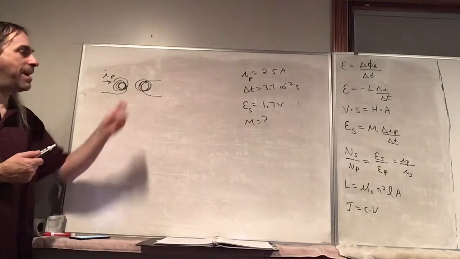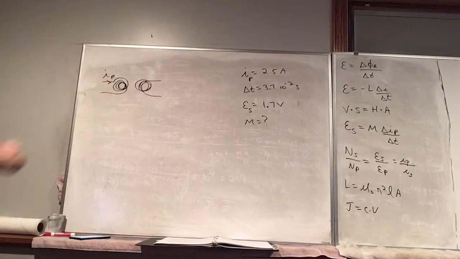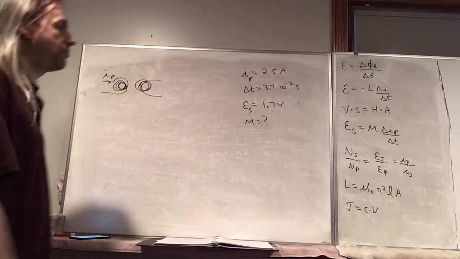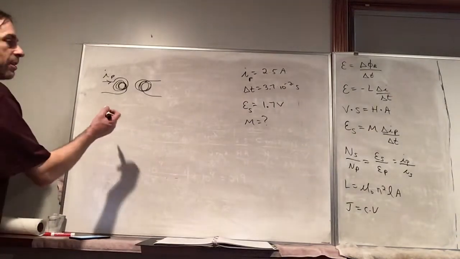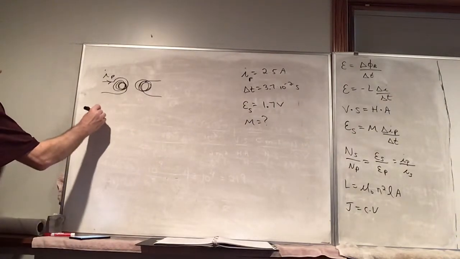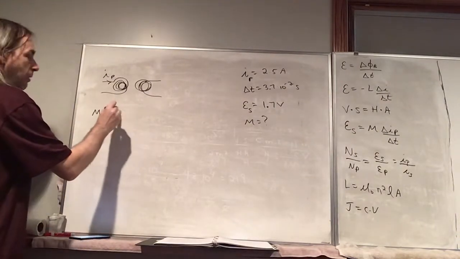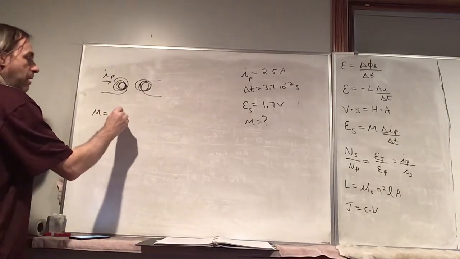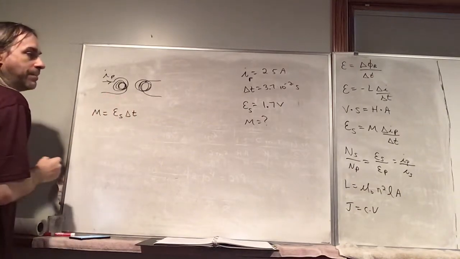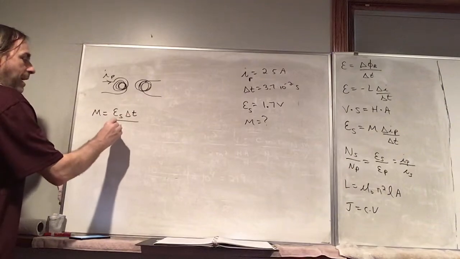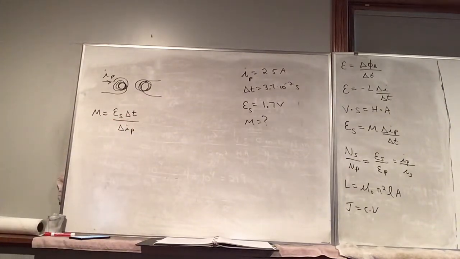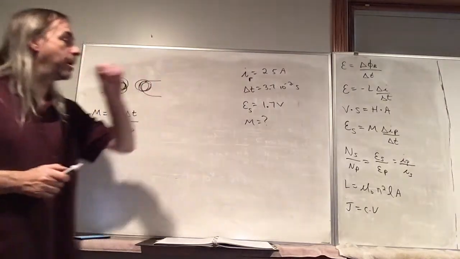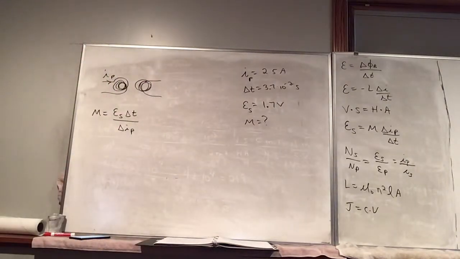Well, there's an EMF in the secondary. And again, this is just applying this formula. Let's just solve for M. We'd have the EMF in the secondary coil times that time interval divided by the change in current in the primary coil. So that's just the initial primary current, because it's going to go to 0.